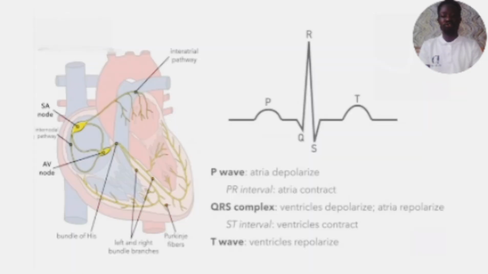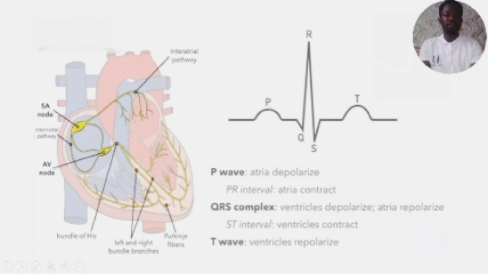Let's look at these contractions and how the electrical signals are represented on the ECG graph. So the SA node here begins the electrical impulses, it starts with the depolarization. That is the P wave.